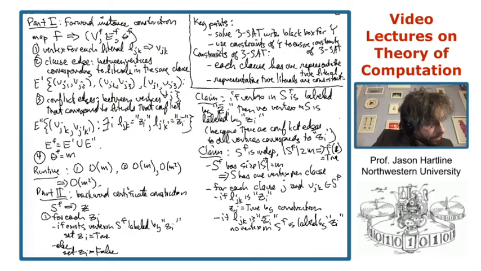So by our construction, there does not exist a vertex in S that's labeled by zi, so we don't set it to true. We do the else clause and we set zi to false.